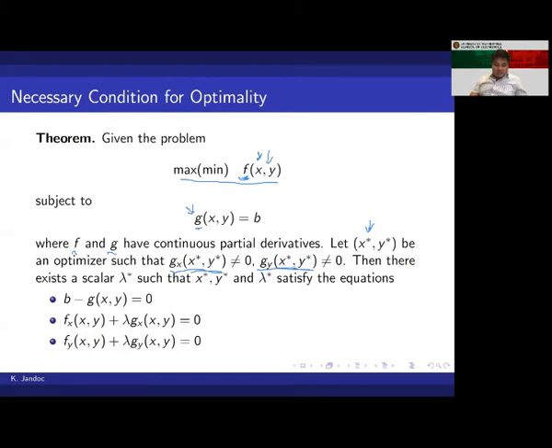Then there exists a scalar lambda star such that x*, y*, and lambda star satisfy the three equations that we had earlier, namely b minus g(x,y) equals 0, f_x plus lambda g_x equals 0, and f_y plus lambda g_y equals 0. So this gives a necessary condition for optimality.